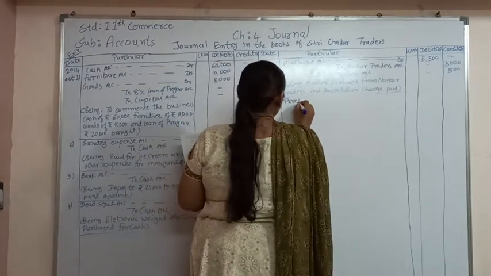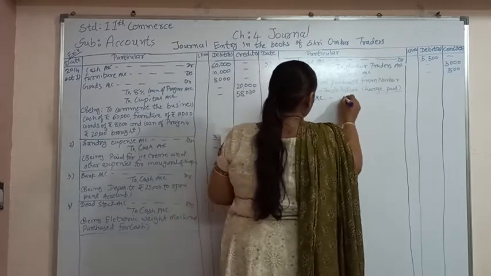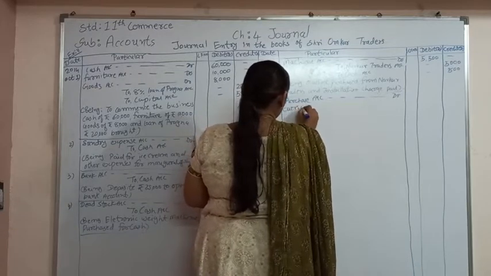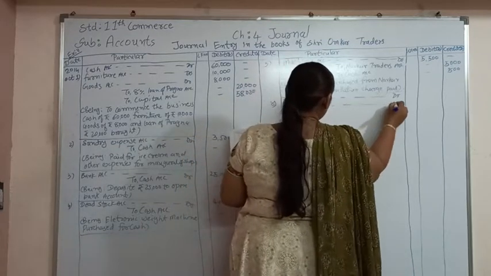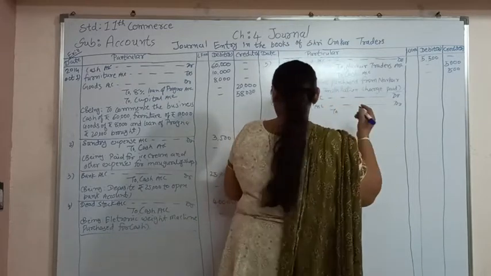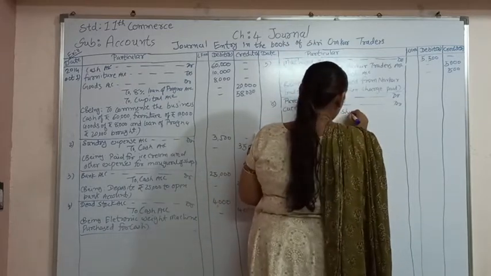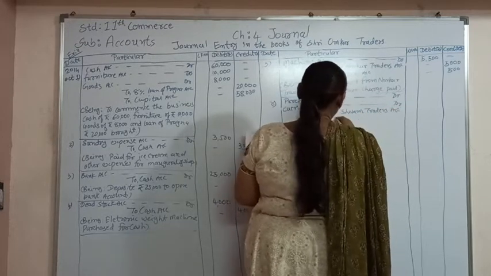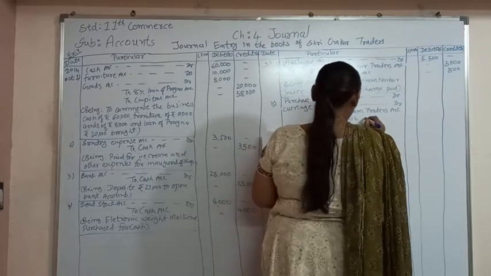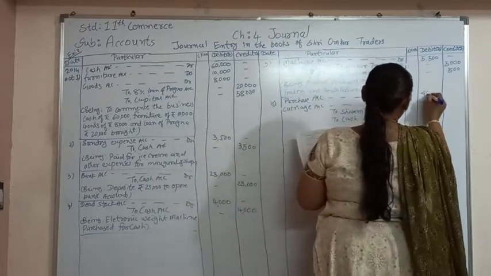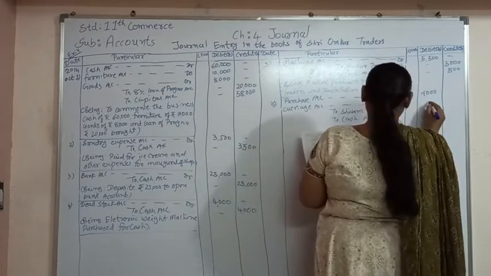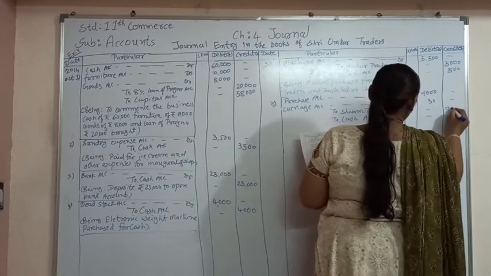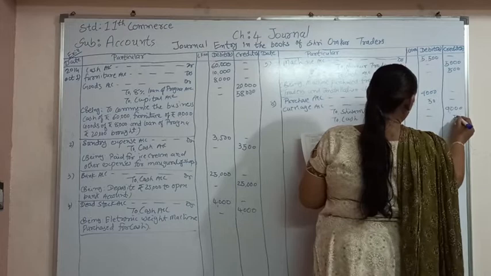Purchase account debit, carriage account debit, to Simon Traders account, to cash account. So here for purchase it will be 9,000 and for carriage it will be 50, and for Simon Traders it will be 9,000 and for cash it will be 50.